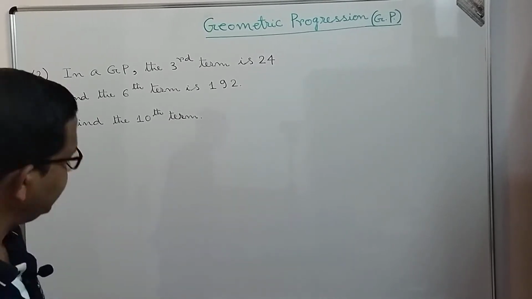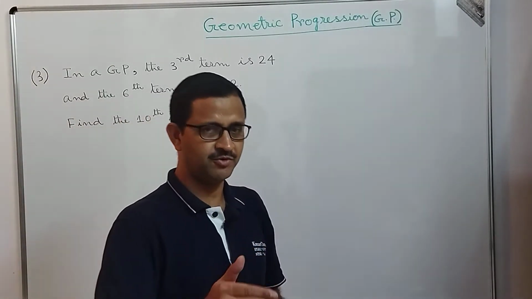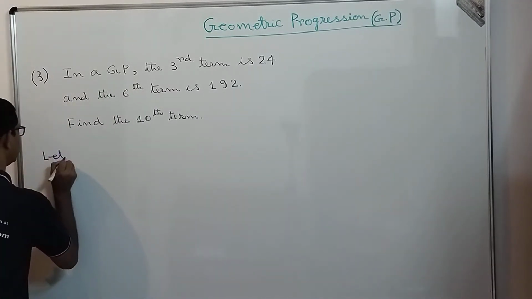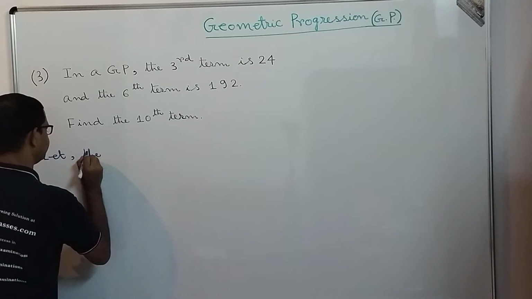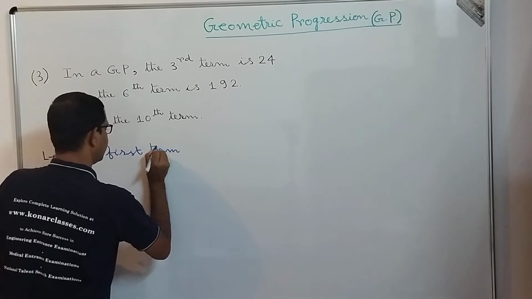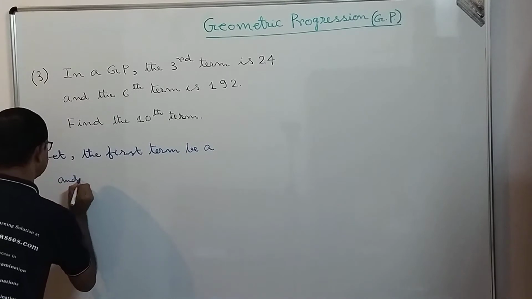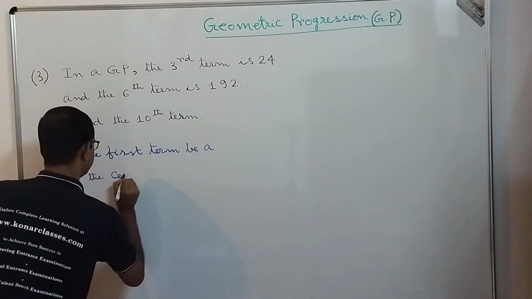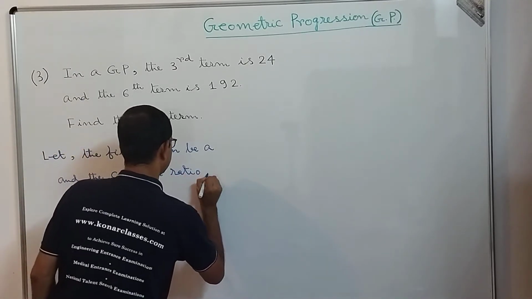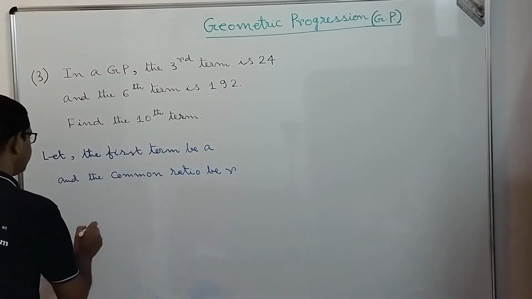So how to proceed, dear students? Let this GP have the first term A and common ratio R. Then what is the nth term, dear students?